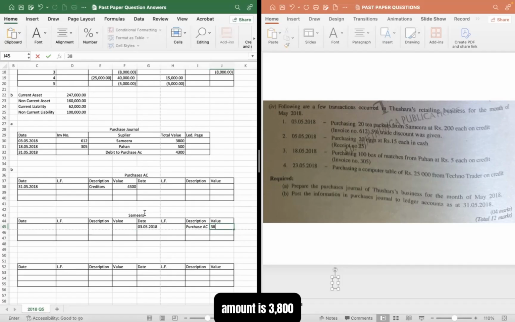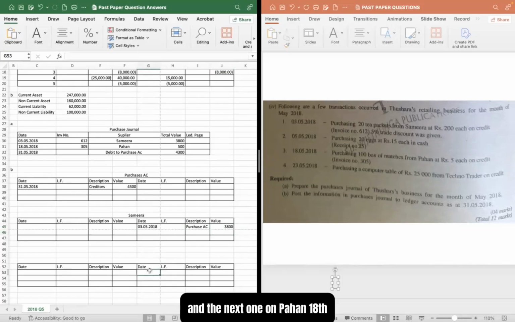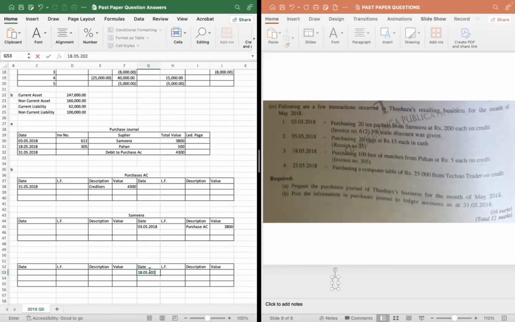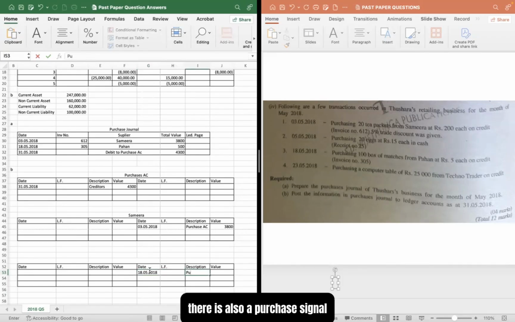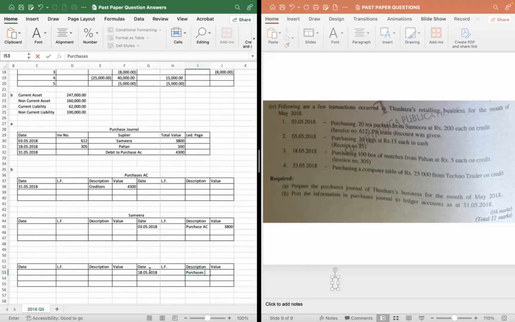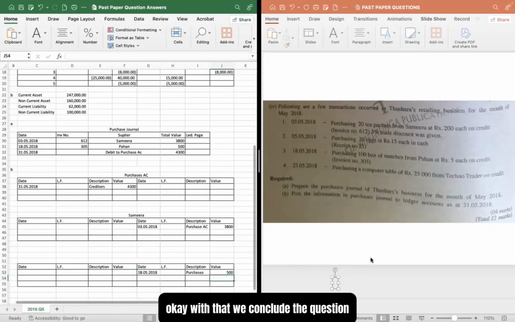Amount is 3,800. And the next one on Pahan 18. There is also purchases account, which is 5,000. Okay, with that, we conclude the question.